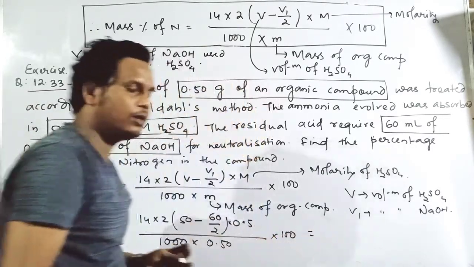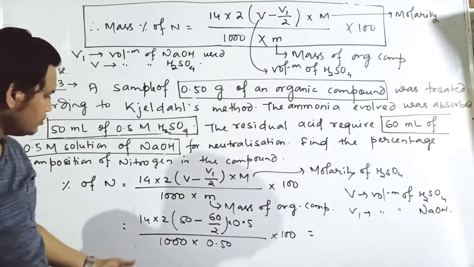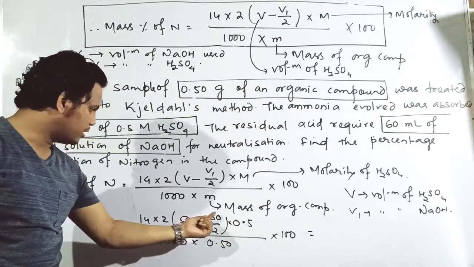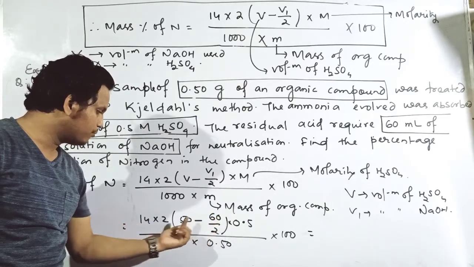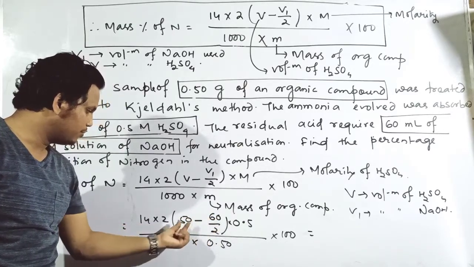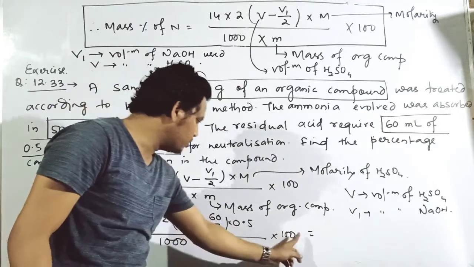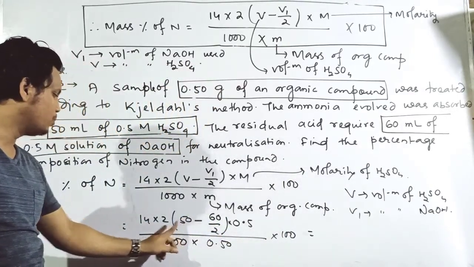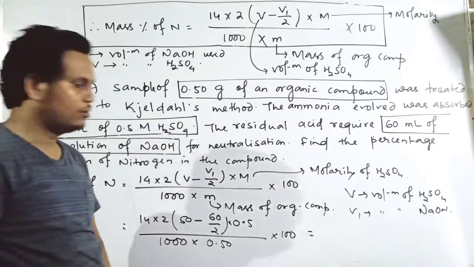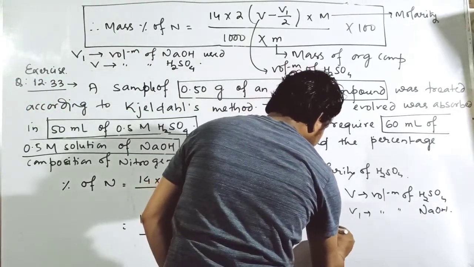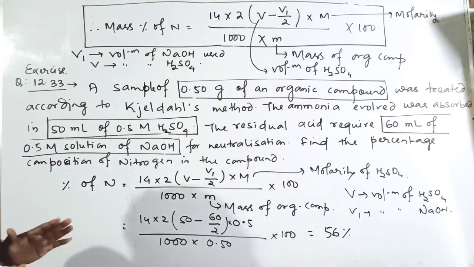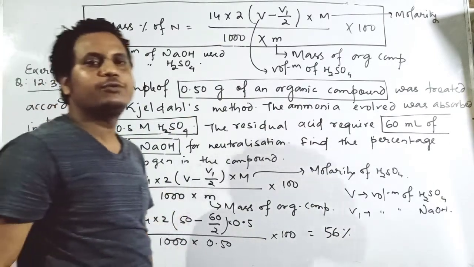Now simplify. 60 by 2 is 30, 50 minus 30 is 20. The 1000 cancels, 2 twos are 4, 14 into 4 is 56. So the answer is 56%.